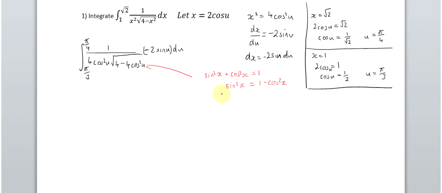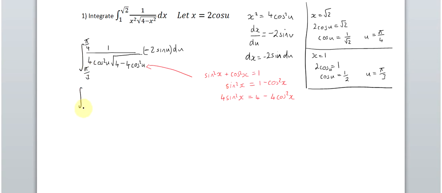In fact, what we've got here is the equivalent of 4 sine squared x is equal to 4 minus 4 cos squared x. So we're going to use that to make our substitution. We're going to replace this 4 minus 4 cos squared u with 4 sine squared u.